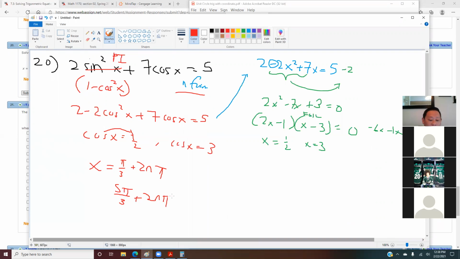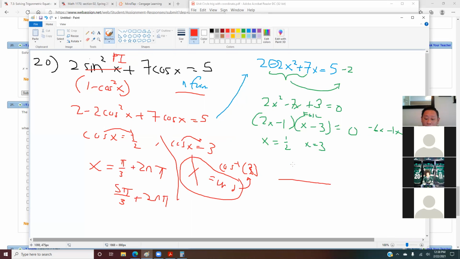Now, for the other case, when you take the arc cosine, you would get arc cosine of 3. In this case, x is undefined. Does anyone know why this is undefined? Isn't it outside the domain? Yes, because the range of cosine is from -1 to +1, and you are trying to look for 3.